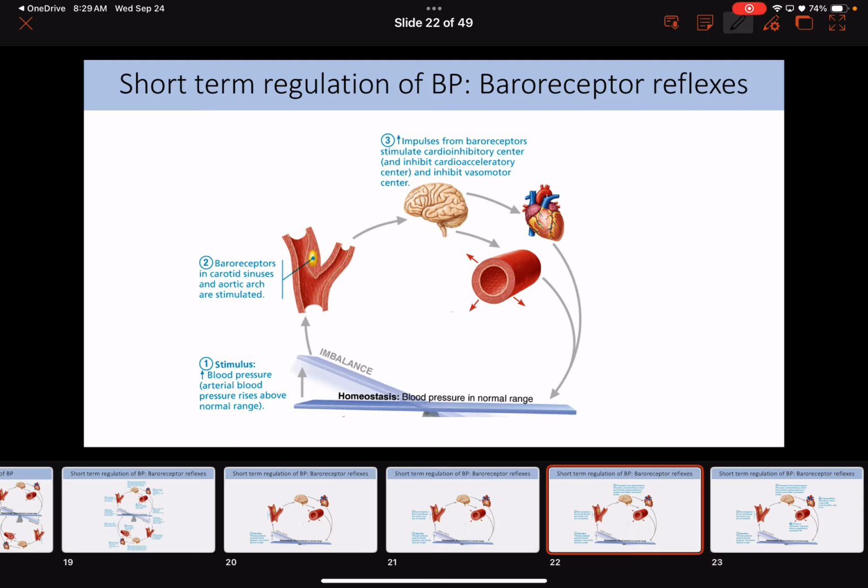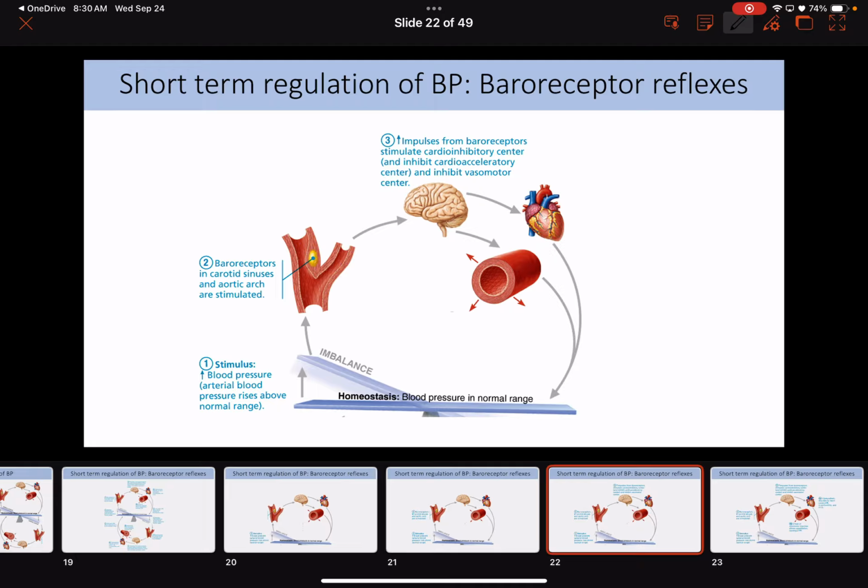Blood pressure is too high, and so we want to slow down the heart. So we are going to stimulate our cardioinhibitory center. Both of those systems are always working at any one time, both the inhibitory center and the cardioacceleratory center. So when blood pressure is too high, we need to stimulate the cardioinhibitory center so that we can slow down the heart.